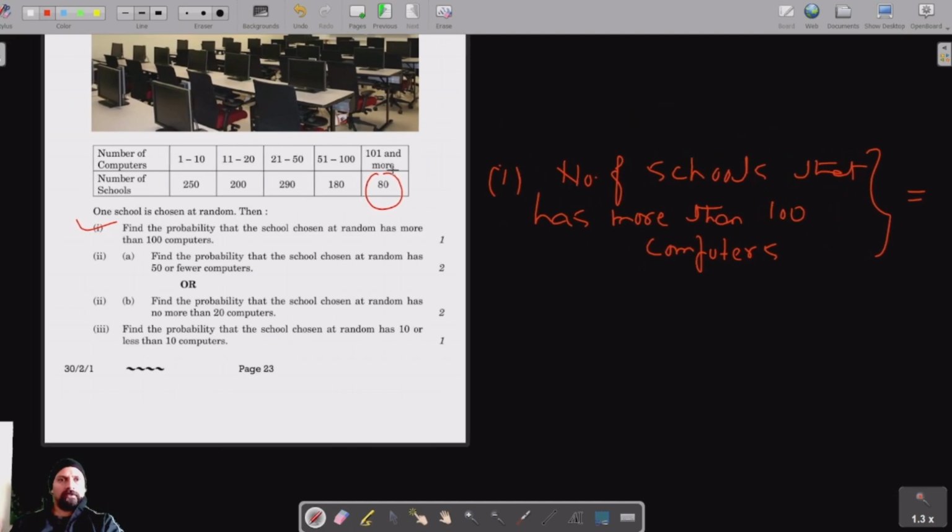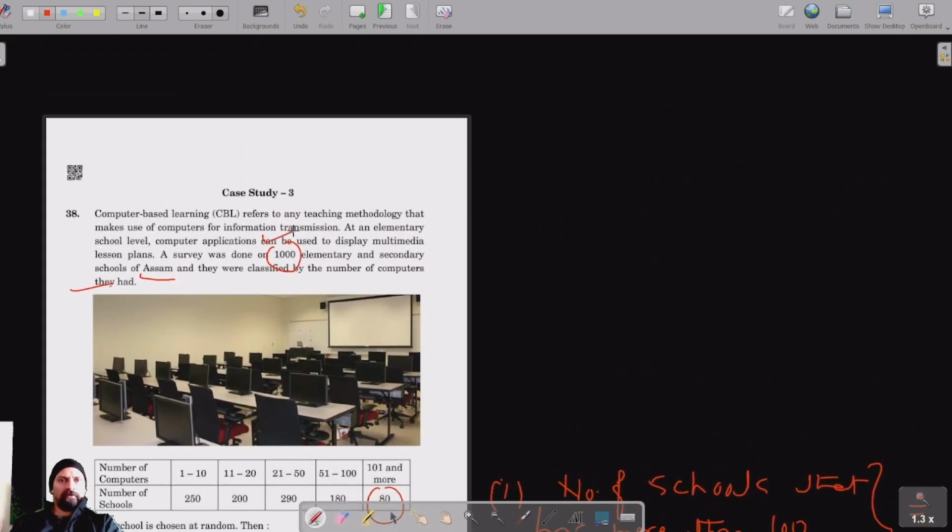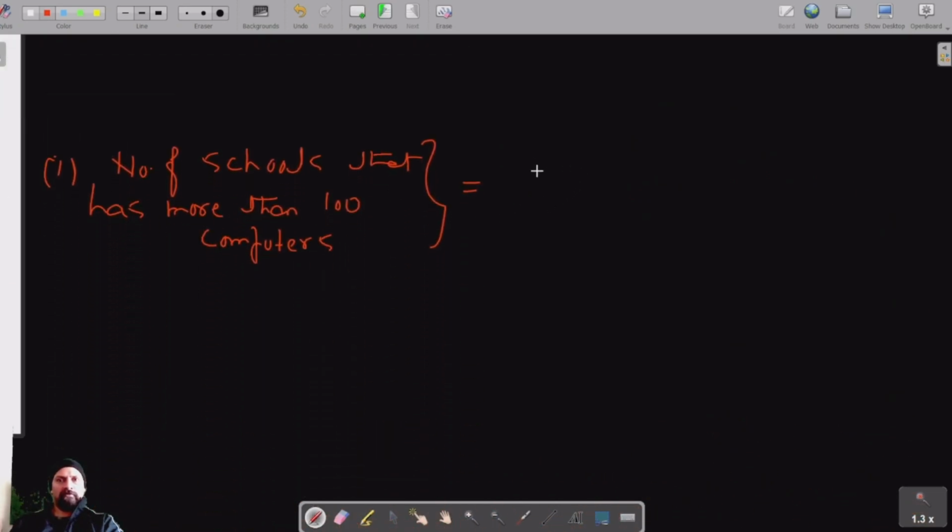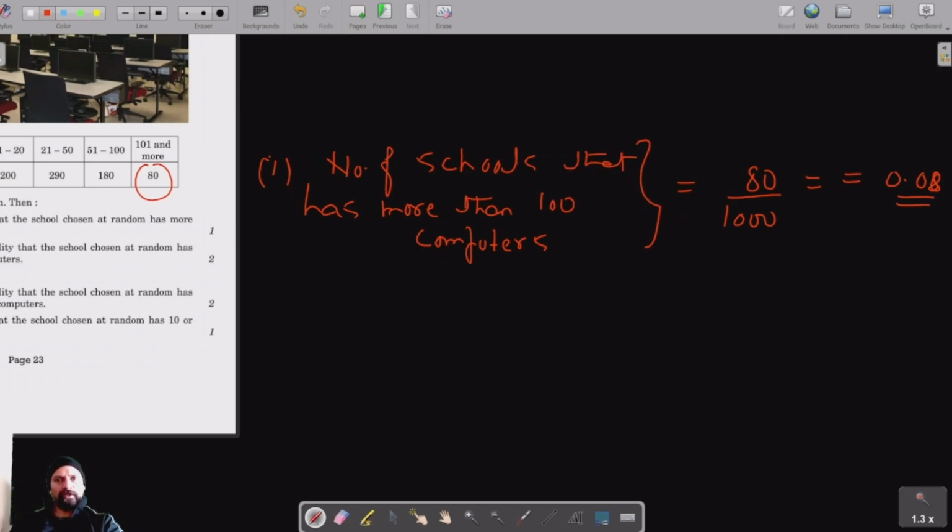And the total number of schools that were surveyed were 1,000. So our favorable outcomes are 80, and it was done on a survey of 1,000. So 0.08 is the probability of the schools that have more than 100 computers.